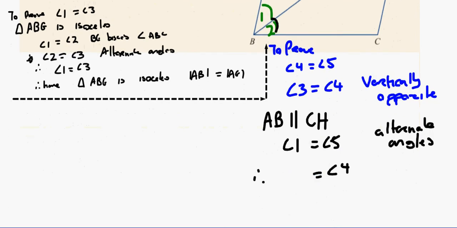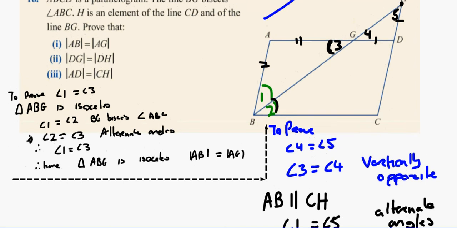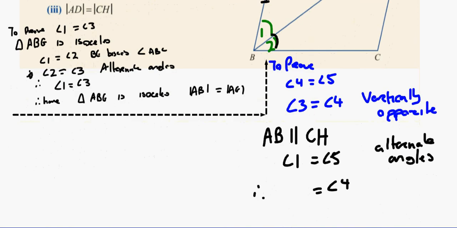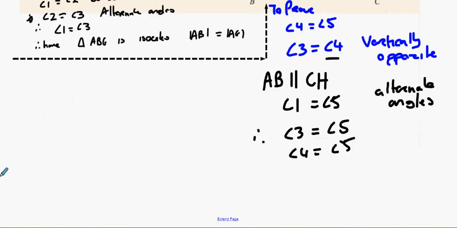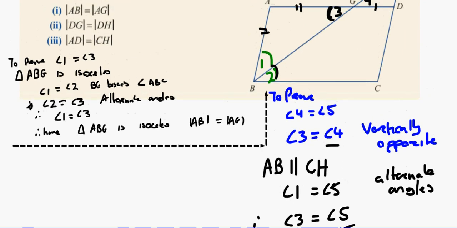So we're looking to prove that 5 equals 4. It follows that angle 3 equals angle 5. And now we know that angle 3 equals angle 4 equals angle 5. This means the triangle GDH is isosceles. Therefore, DG equals DH.